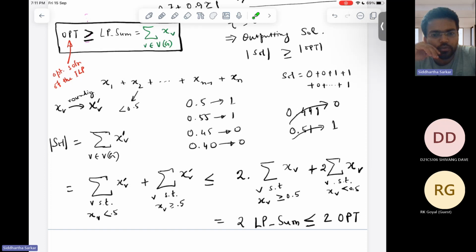So in what context have you come across this graph, Shivang? Let's look for tree width of series parallel graphs.